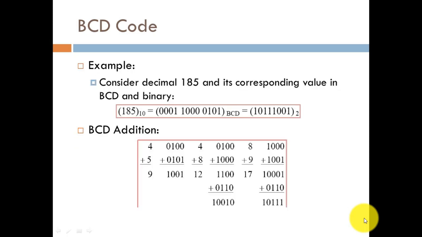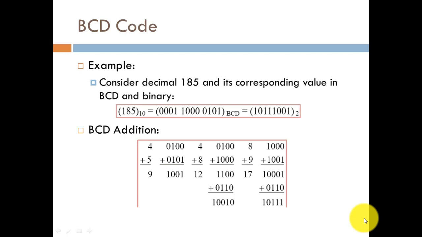This slide is showing BCD examples. Consider decimal 185; its corresponding BCD value is 0001 1000 0101. What we have done is nothing special.